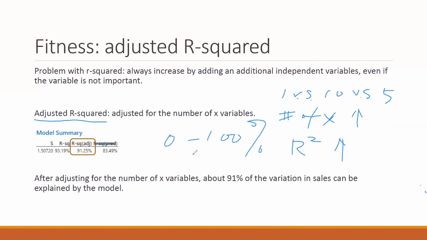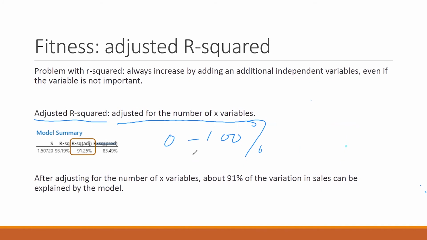So people realized that, and the solution is to adjust R-squared. The R-squared is adjusted for the number of x variables. To a certain extent, the adjusted R-squared penalizes the model when you add too many x variables.